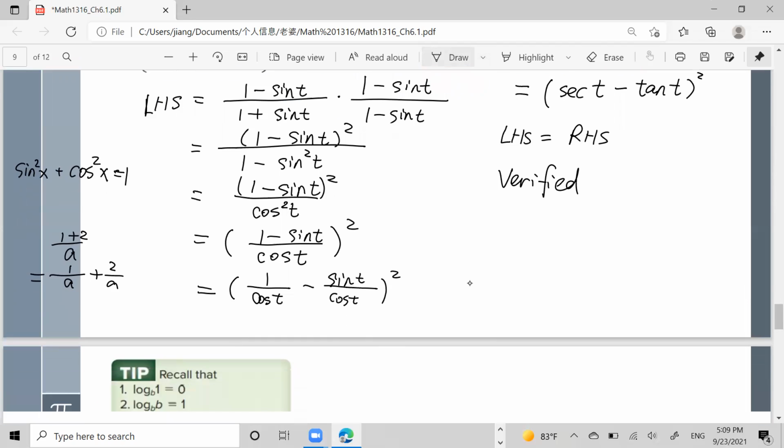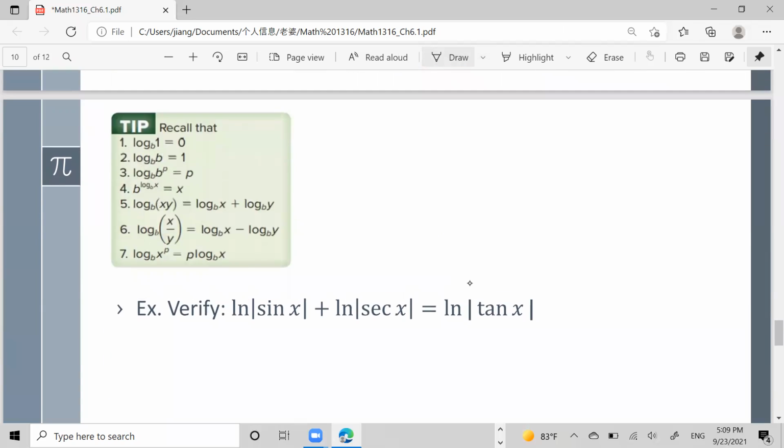Okay, let's continue. In algebra, you have learned the log functions and you know the properties and definitions of them.